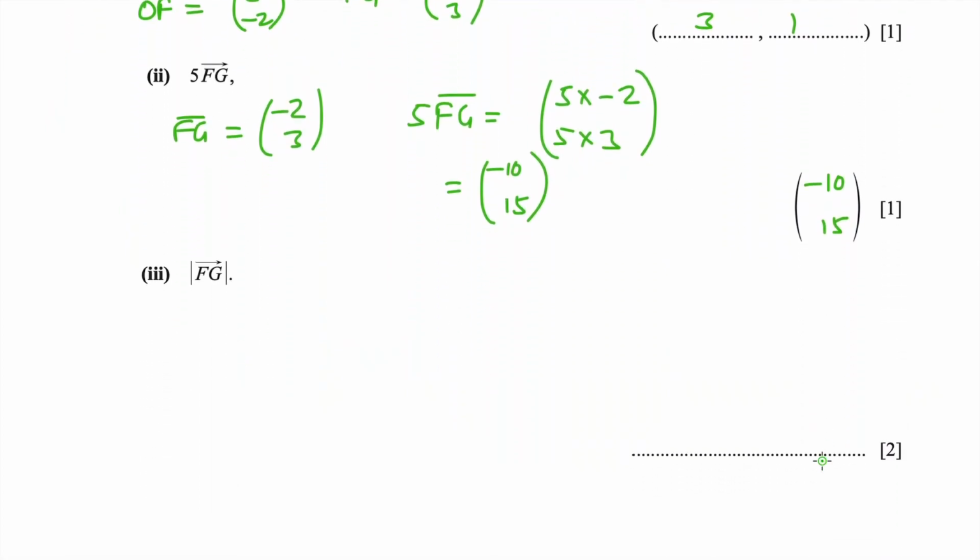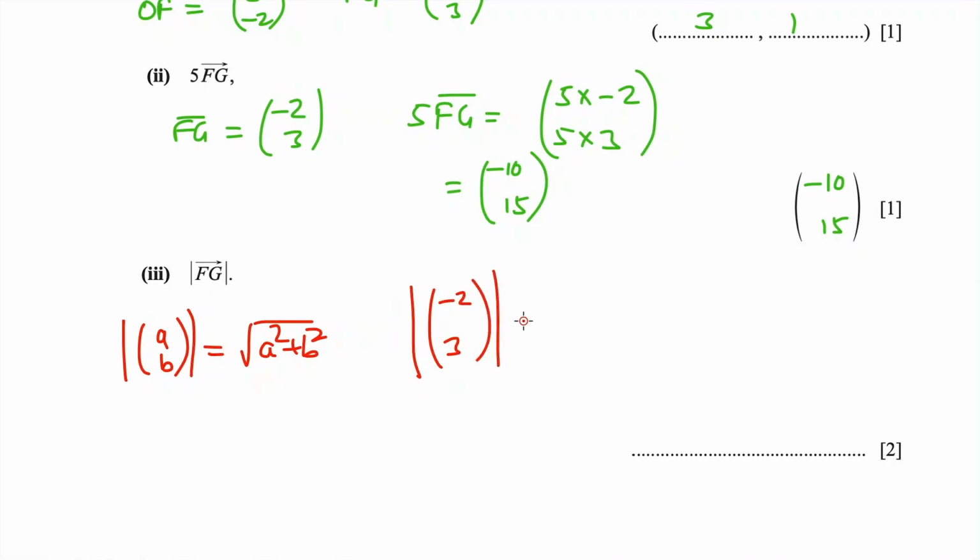And the third part, modulus of FG bar. So the modulus of the vector (a, b) is equal to square root of a square plus b square. So the modulus of the vector (-2, 3) is square root of 2 square, which is 4, plus 9, which is square root of 13.